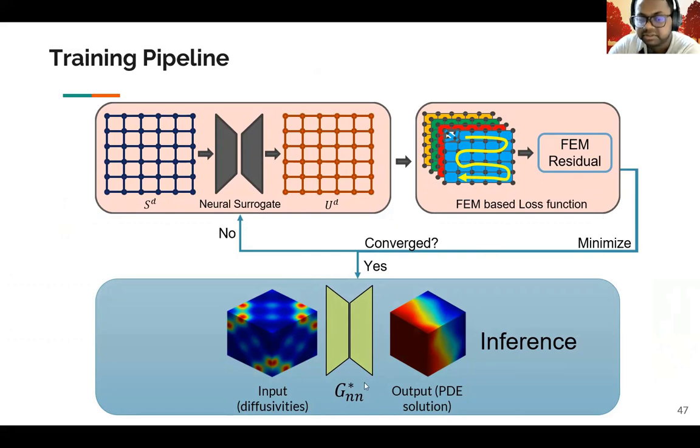Once it has converged, you get GNN of star. This could be a convolutional autoencoder or a UNet or any other deep neural network. And from this GNN star, now you can perform inference on any new input and obtain the output of any PDE, the PDE solution given the input. So this is the inference pipeline.